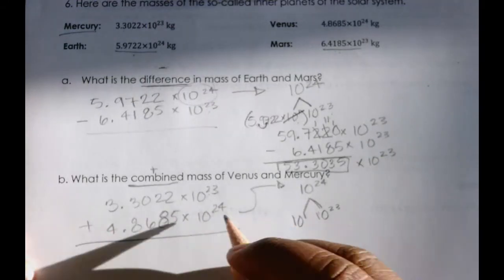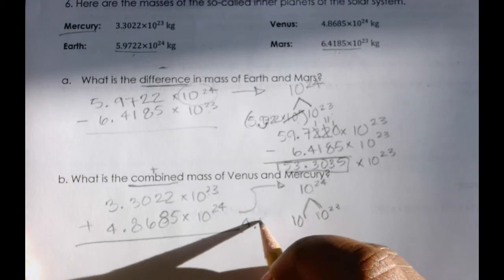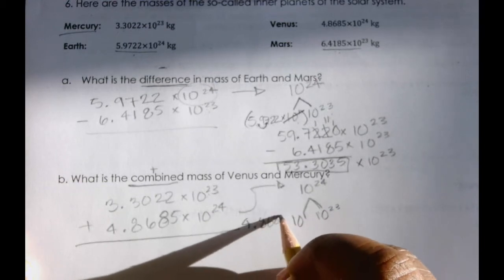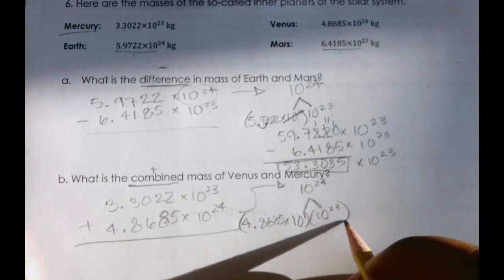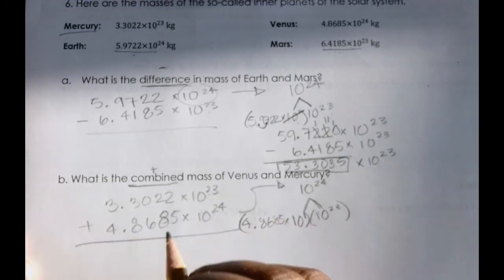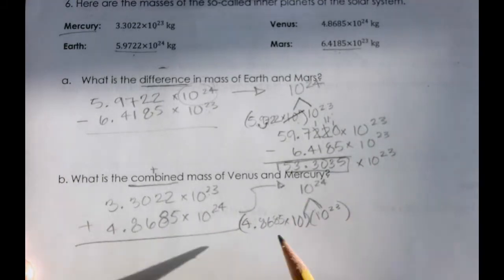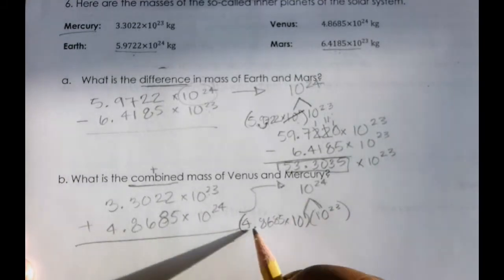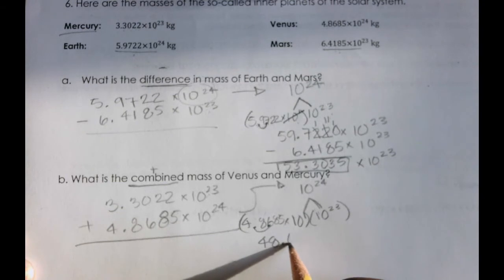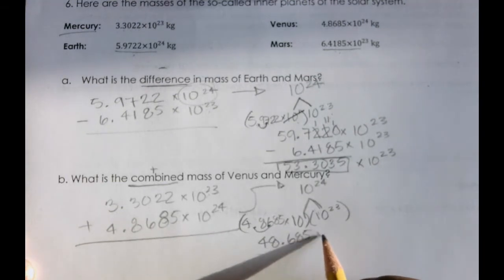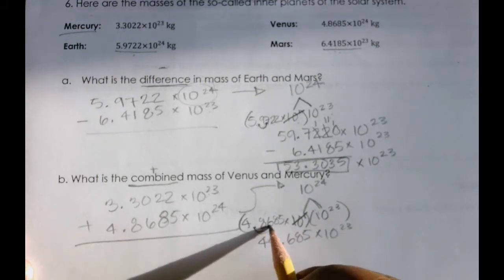And I'm just going to bring that number over, my coefficient 4.865, and I'm going to multiply those. Because this stuff is in parentheses, I'm going to go ahead and simplify this expression. I'm going to move the decimal over one time, so that's going to end up being 48.65 times 10 to the 23rd. Don't forget that cancels out when we move that decimal over.